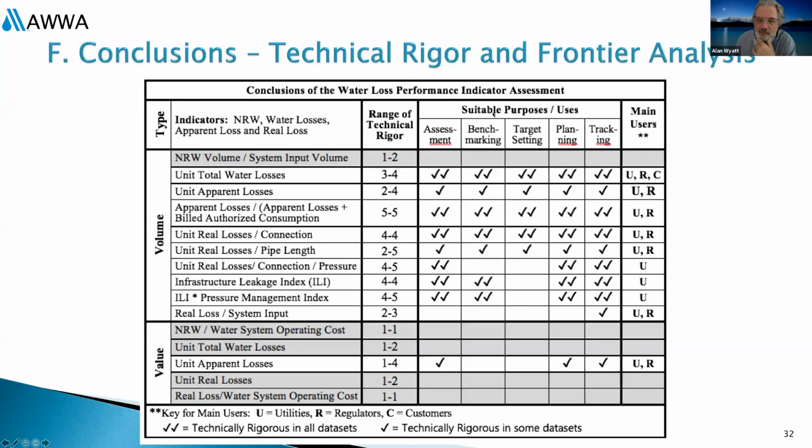These are columns for, you know, fit for the purpose, as Alan Lambert would say. These are purposes. And this indicator has a range of 5 to 5, so it gets 2 checks as being, let's say, more rigorous. And the ones with 1 check appear to be rigorous in some data sets, but not so much in others.